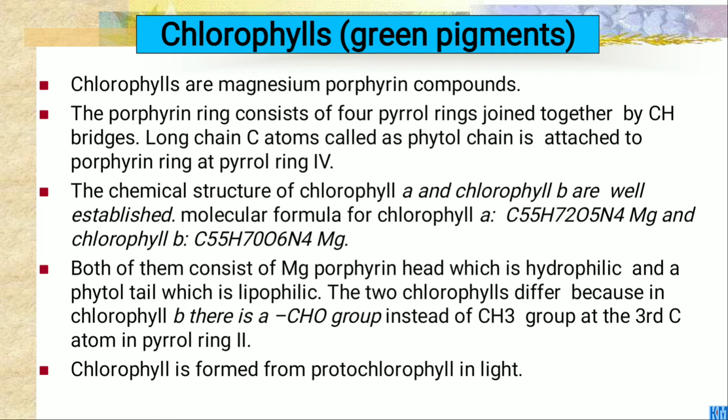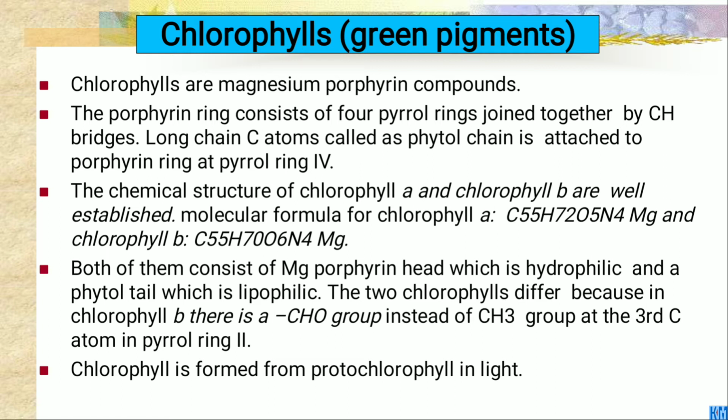A long chain of carbon atoms called a phytol chain is attached to the porphyrin ring at a pyrrole ring's fourth position. Then the chemical structures of chlorophyll A and chlorophyll B are well established.